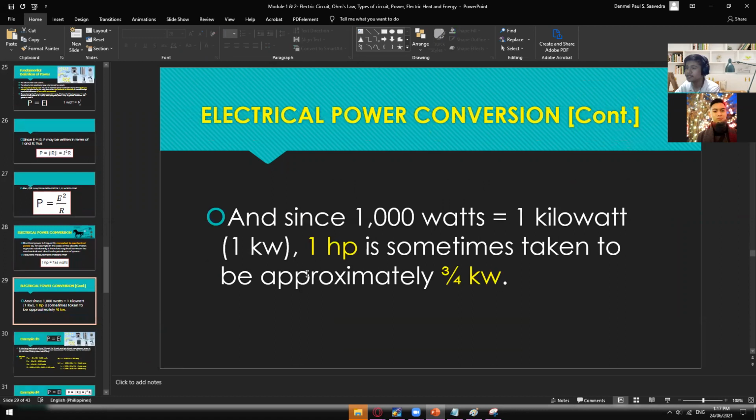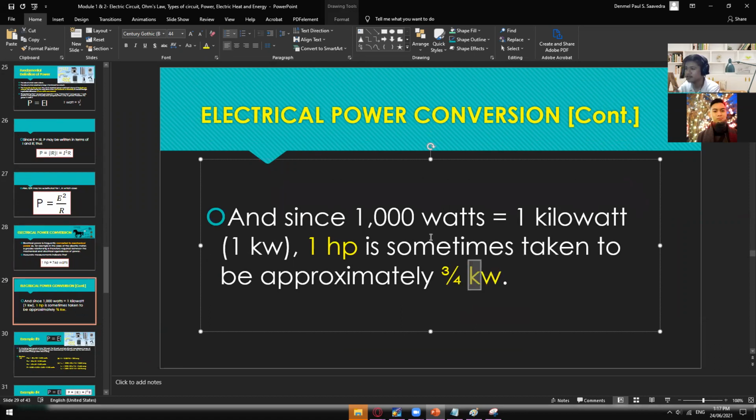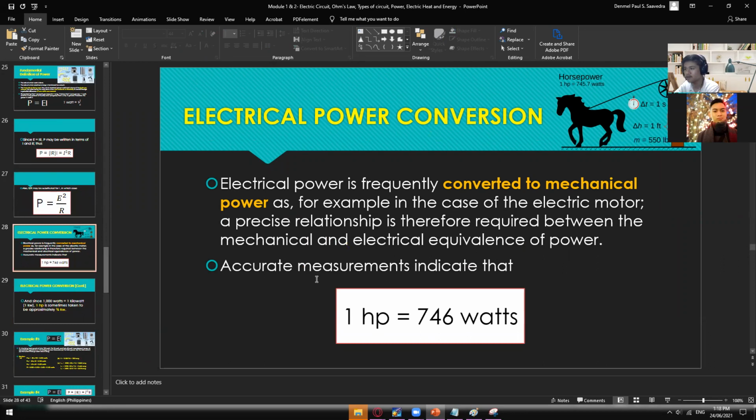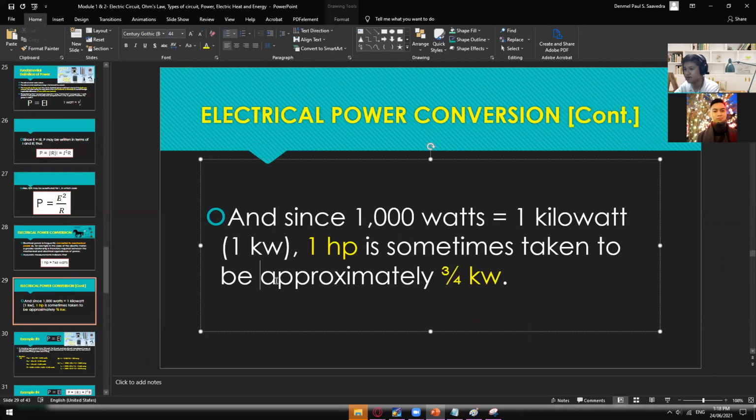Sometimes we say that 1 HP is 3/4 of a kilowatt. Kilo means multiplied by 1,000, and since it's 746, they approximately said it's 3/4 of a kilowatt. That is why 1 HP is equal to 3/4 kilowatt.